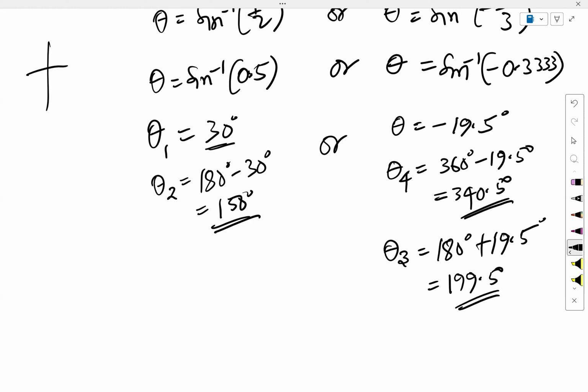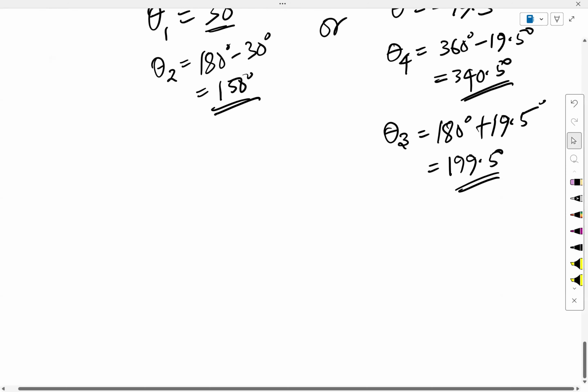To confirm that, let's see what we get. Let's check for sine 199.5 degrees. Yeah, correct. So that's it.